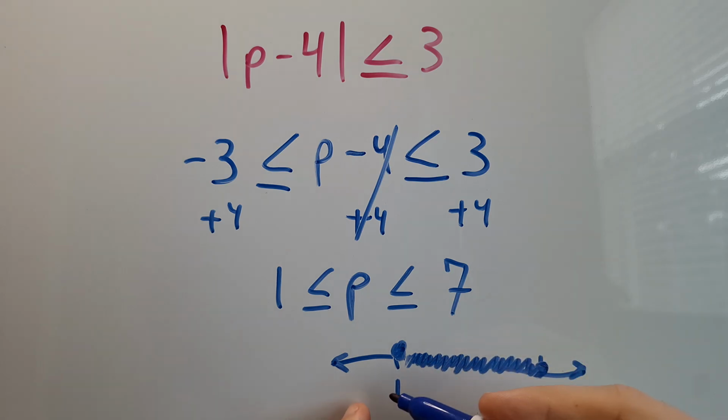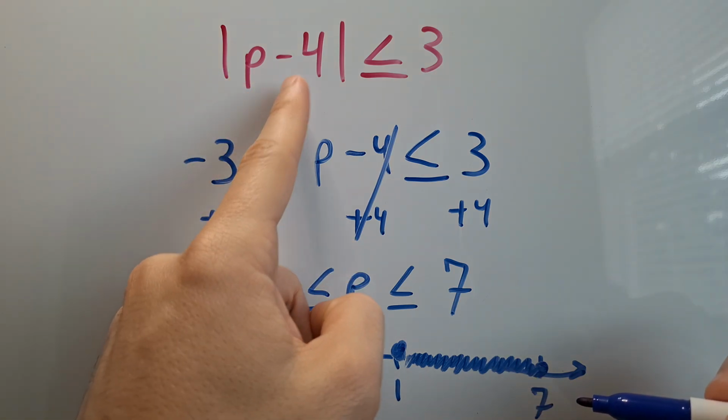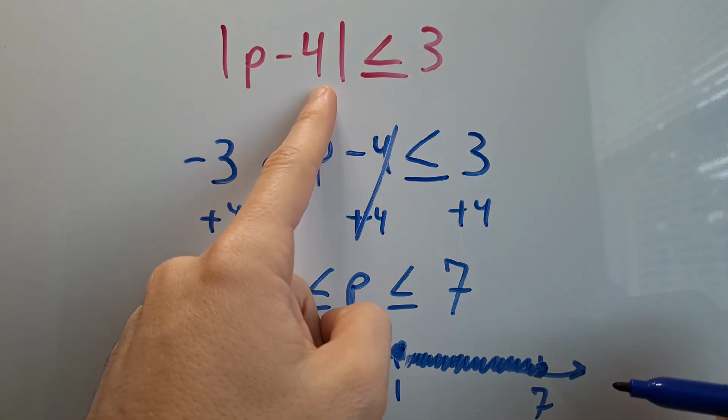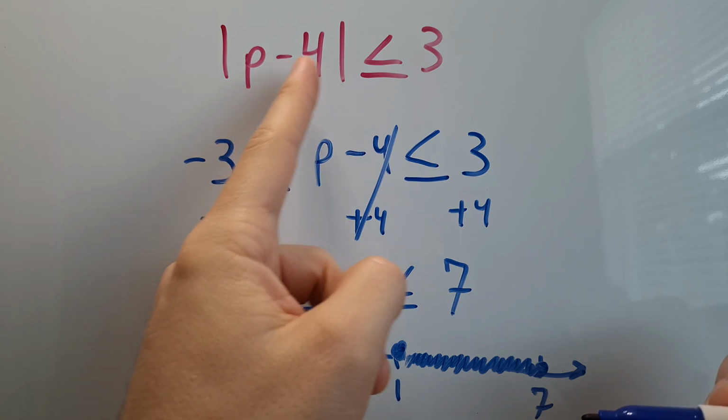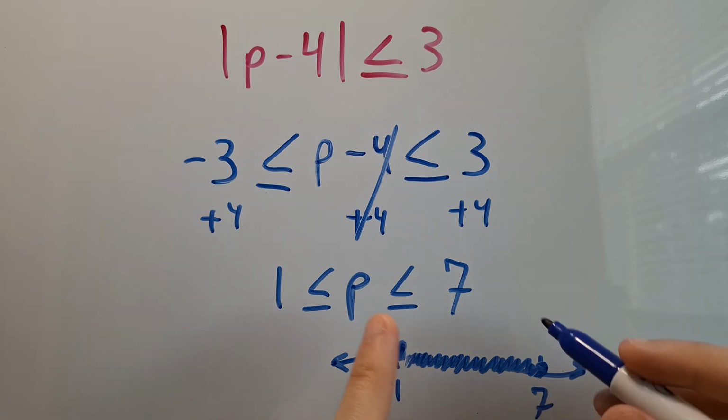So if I plug in 0, this is not going to be a solution to this inequality. 0 minus 4 is -4. Absolute value of that is 4. 4 is not less than or equal to 3. So that's why here we're accounting for any value in between 1 and 7 inclusive.